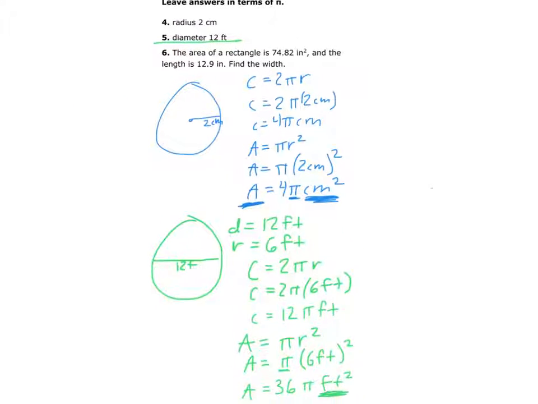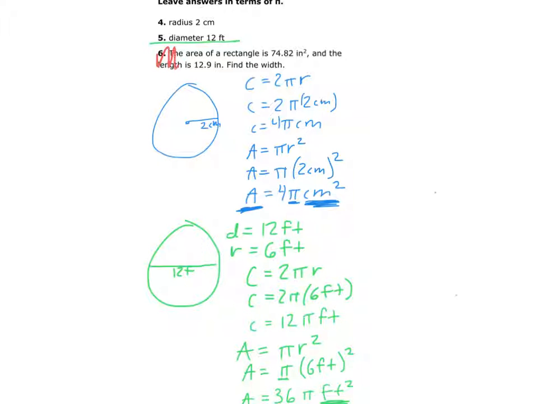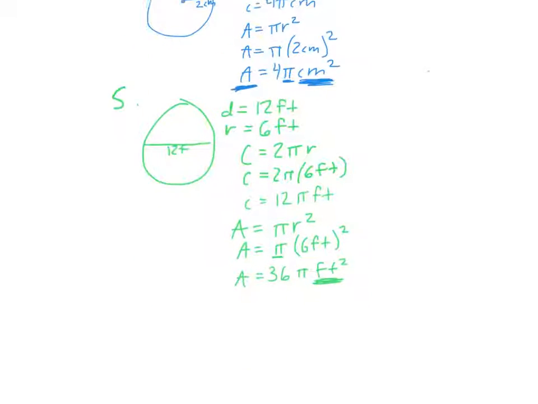So for number 6, we don't have to know this one. You can cross it out. You will not have a question like that on the quiz. Any questions on 4 and 5? Maya? Yep.